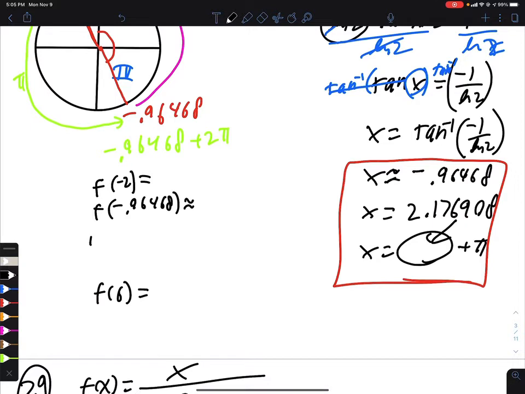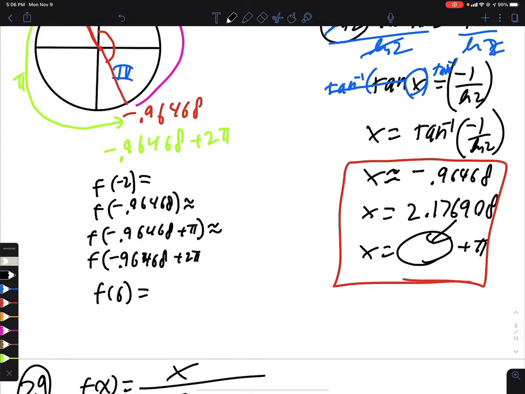And then the next one we added pi, so let me do it this way, instead of writing out the new decimal. And then the third one, we added pi twice. So I'm just going to put 2 pi. And I'm going to cheat here and just get the list of y values, because I have it here written down.